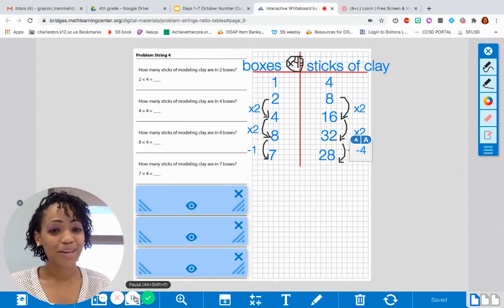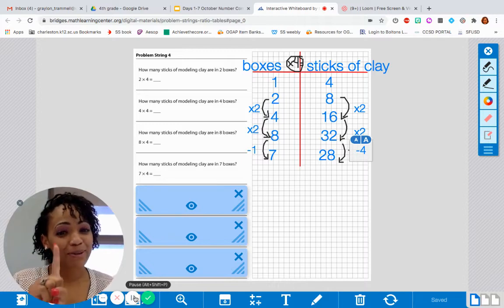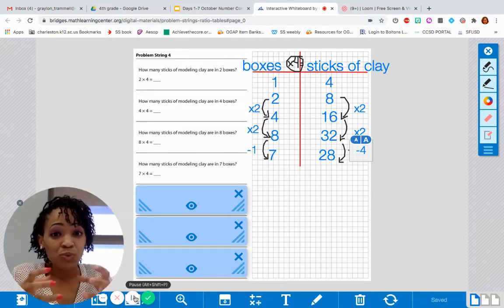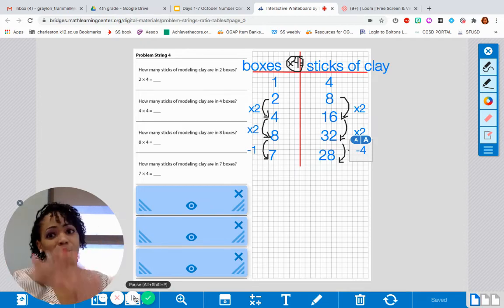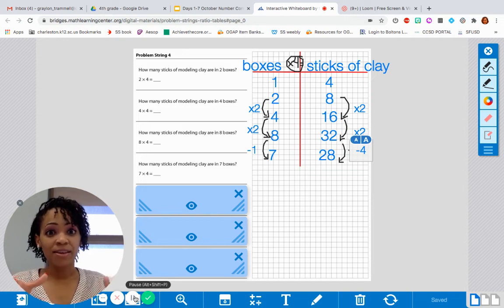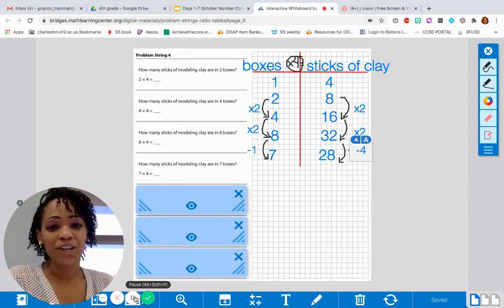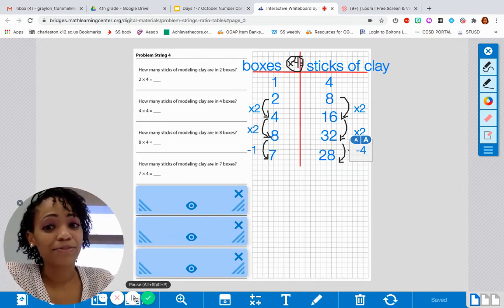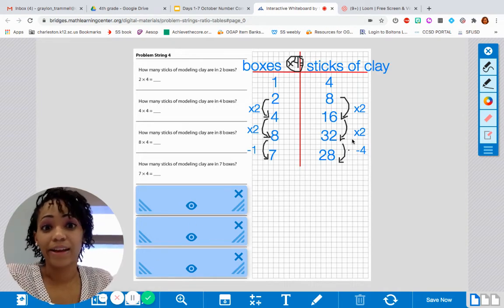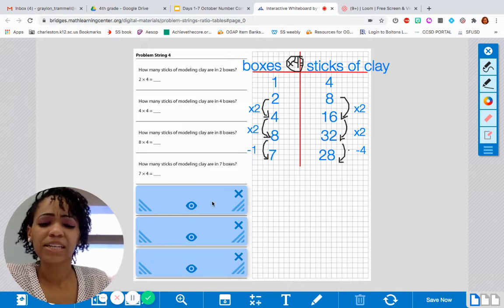In one box, which looks like one thing until you open up the box, within that one thing, there are 4 things. Good job. 7 times 4 is indeed 28, which is 4 less than our 8 times 4 problem. Okay, let's look at the next one.